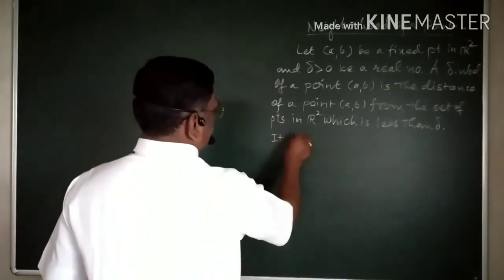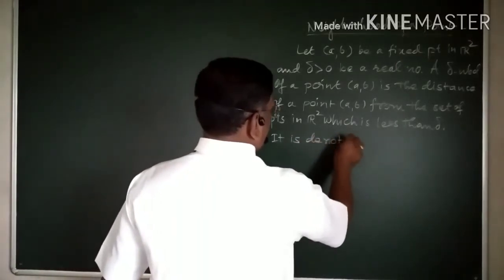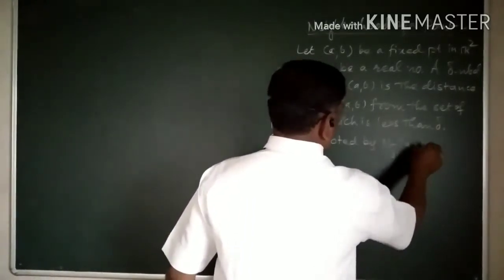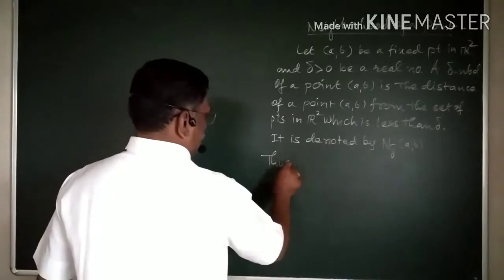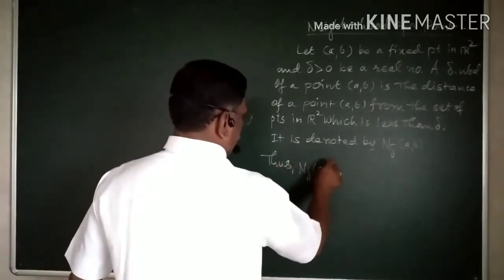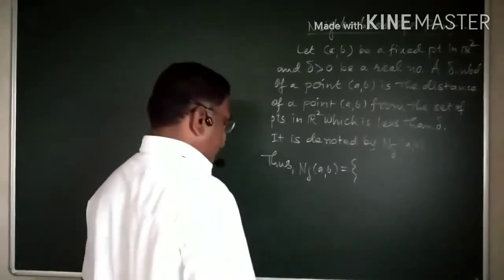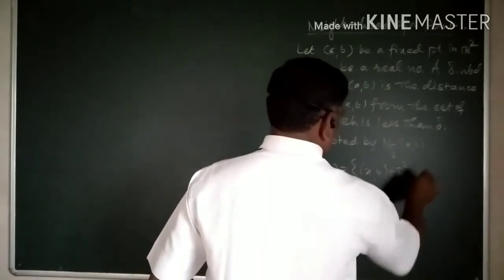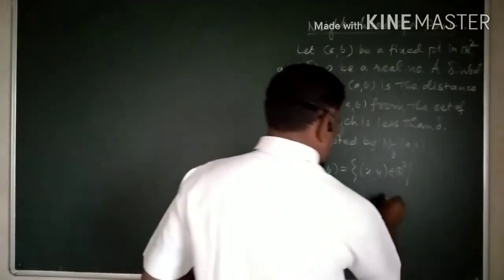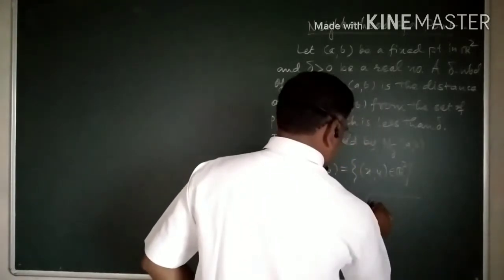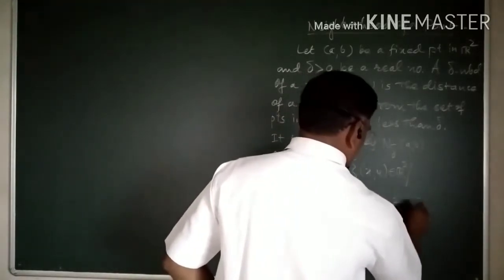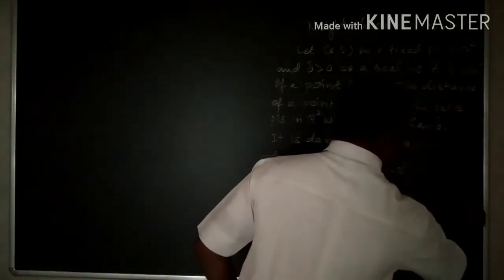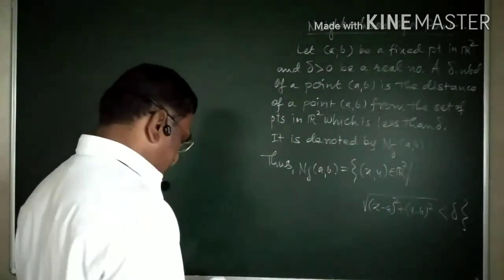It is denoted by N delta (a, b). Thus, N delta (a, b) is equal to the set of all points (x, y) in R2 such that the distance, square root of (x minus a) square plus (y minus b) square, is less than delta. This is the definition of neighborhood.